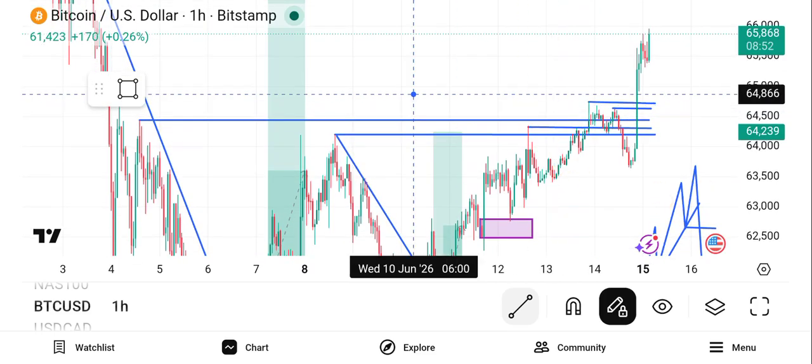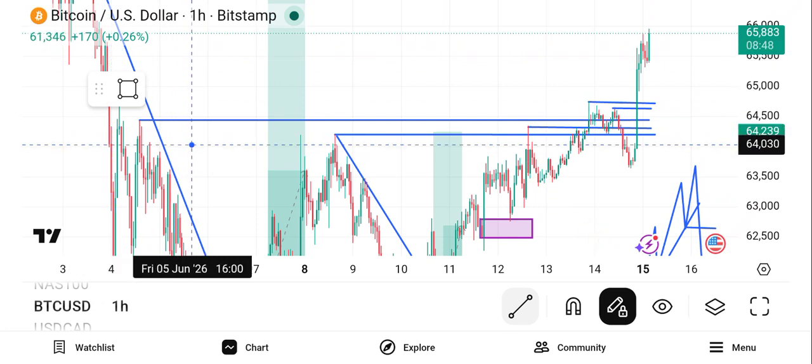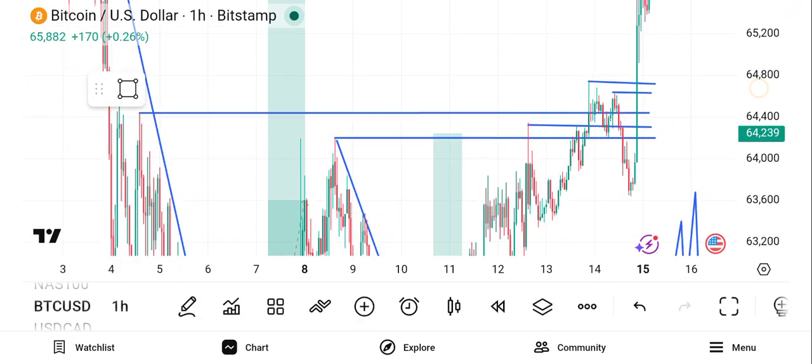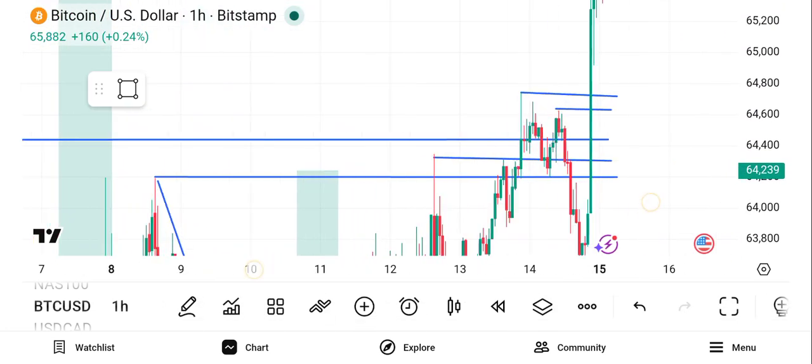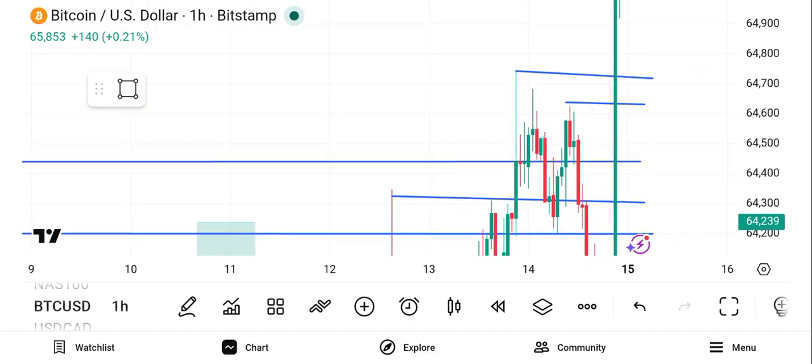Alright, I think this is another zone as well. Does it take out the zone? No. So these are all the zones. So this is a multiple breakout structure.